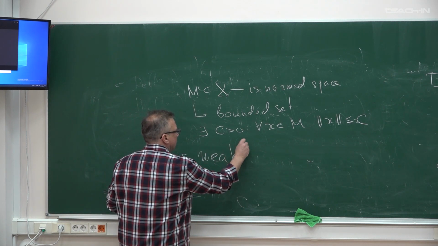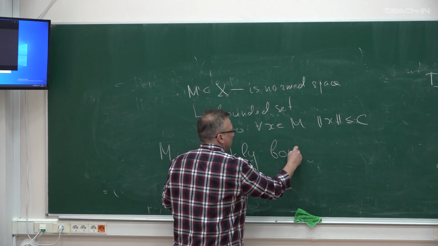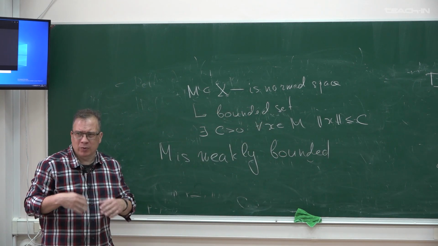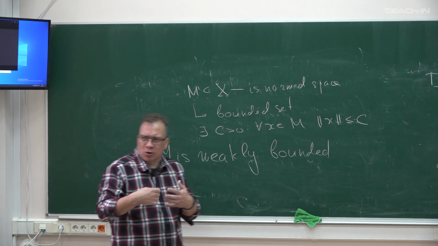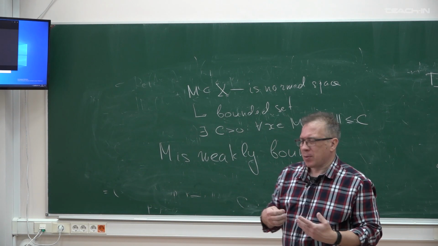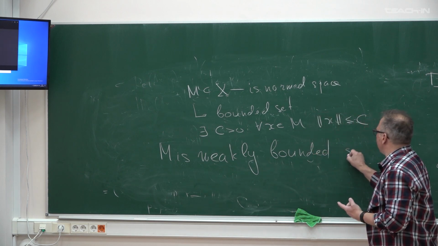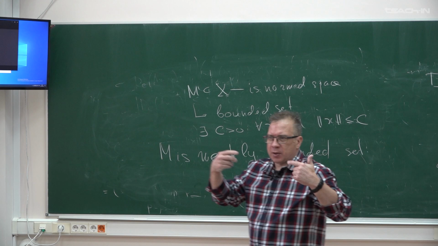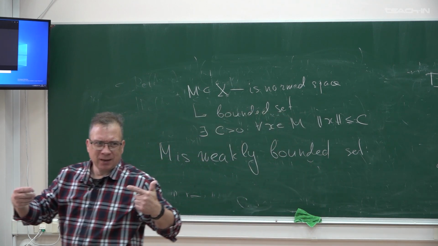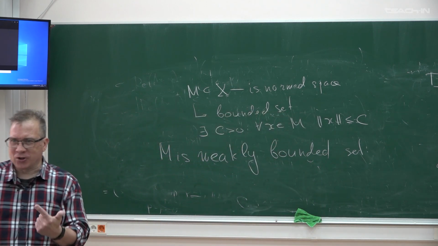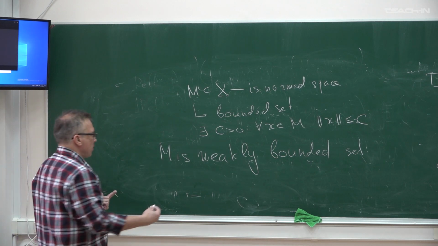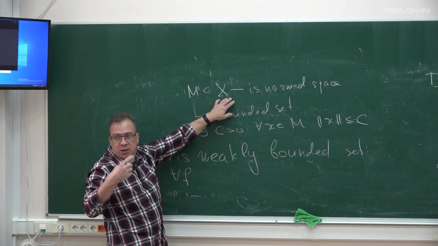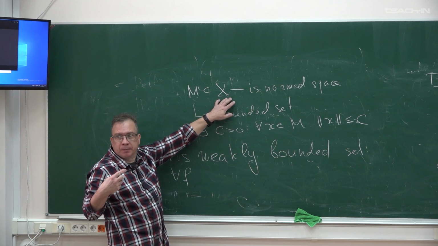We work in a normed space, so we define it with the help of the notions of the normed space. If we meet the word weak, we must use functionals. So it means that for any f, we know that the dual space is not empty.